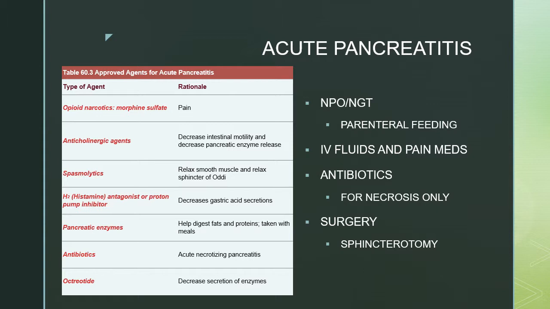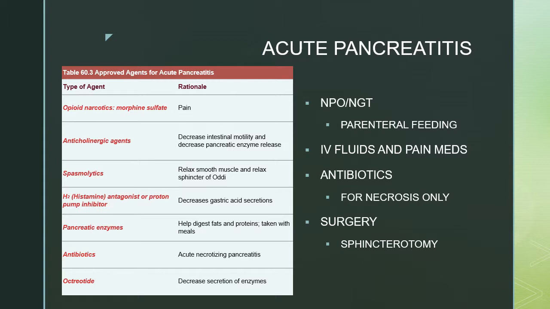Treatment would include NPO and an NG tube hooked to low intermittent wall suction. Parenteral feedings with either PPN or TPN would be introduced to allow the gut to rest. IV fluids and pain medications, morphine, fentanyl, would be appropriate. Antibiotics are used only if there's evidence of necrosis.